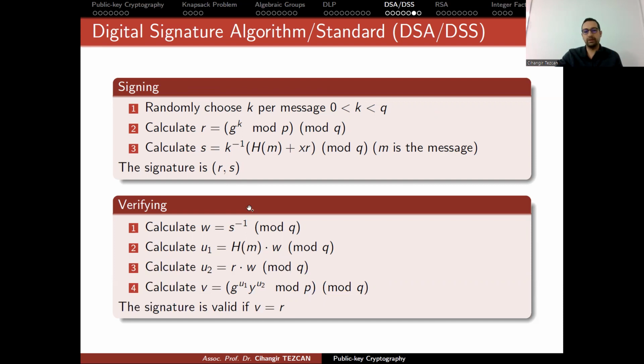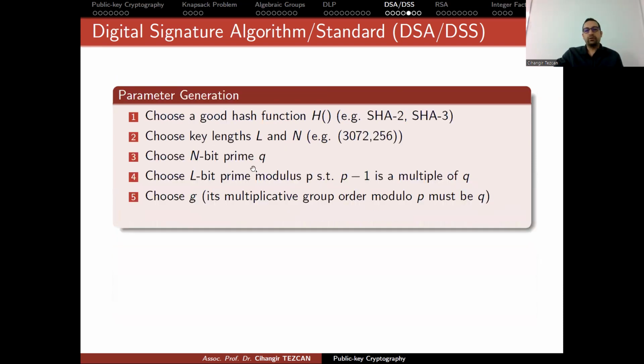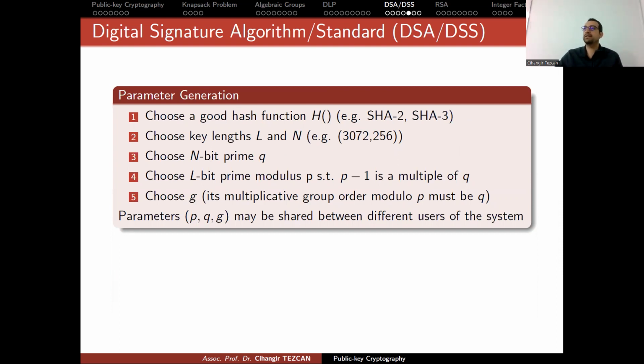So if you want to look at the whole procedure again, we first choose some parameters. For instance, if you want more security in the future, instead of 128-bit security, maybe you want 256-bit security. So here you choose 512 bits, okay? For instance, SHA-2 with 512 bits. But your group size now has to be 15,000 something, okay?